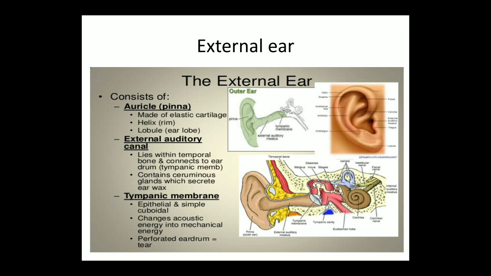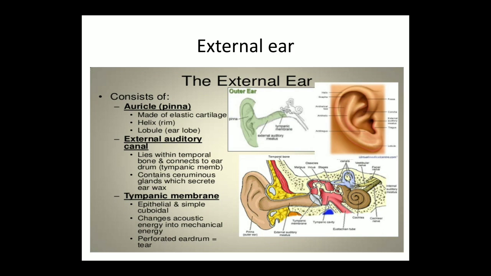The outer one third is cartilaginous and the skin is immediately adherent to the cartilage. Hence, furuncles in this area are very painful. The skin has hair follicles and ceruminous glands which secrete wax. The inner two-third portion of the canal is bony and the skin is thin as it lacks sebaceous and ceruminous glands.